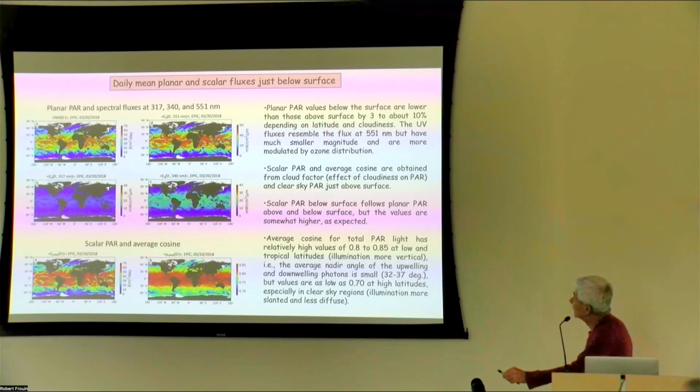Basically, the part below the surface is like 3 to 10% lower than the part above the surface. The fluxes in the UV and the visible resemble the integrated flux, of course, but their magnitude depends essentially on the amount of solar radiance that arrives at the top of the atmosphere.